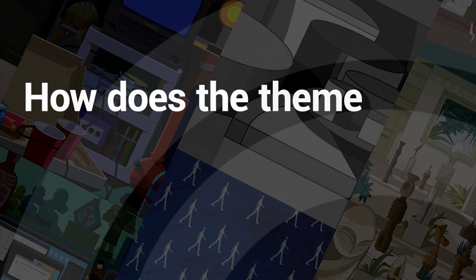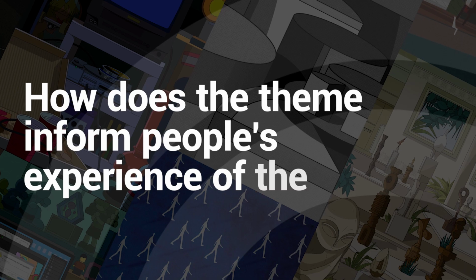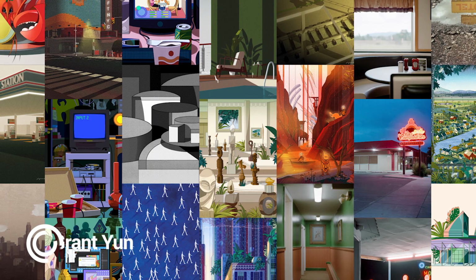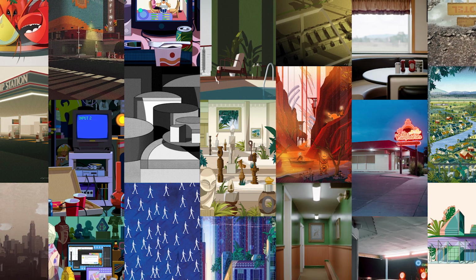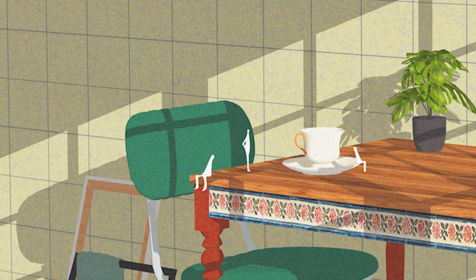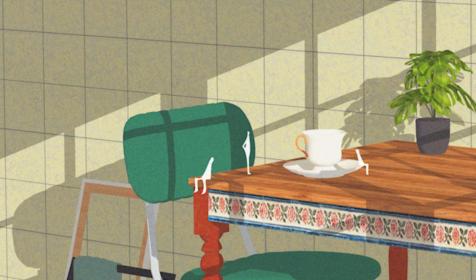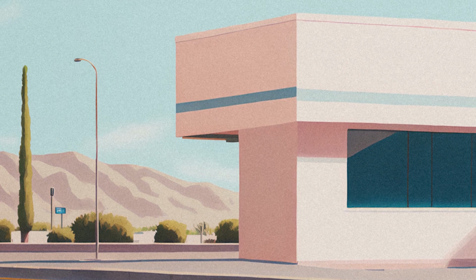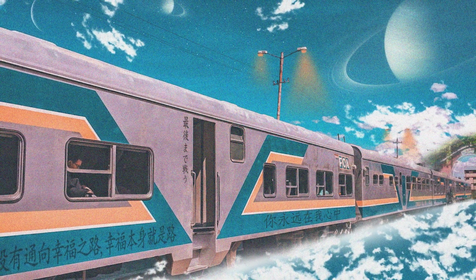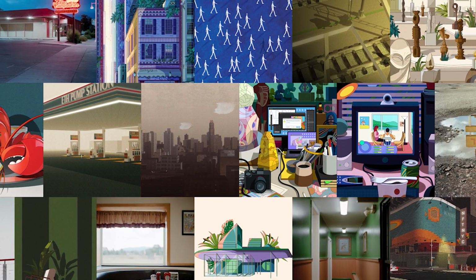How does the theme inform people's experience of the art? For this drop, I intentionally made sure that there were artists from a very wide spectrum of mediums. When I went about looking for the artists, I wanted to make sure that not only did their work resonate with myself, but I also wanted to pinpoint some of the best artists, in my opinion, from each subgenre and kind of bring them together.